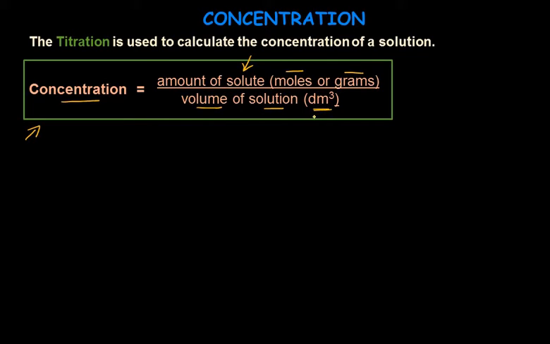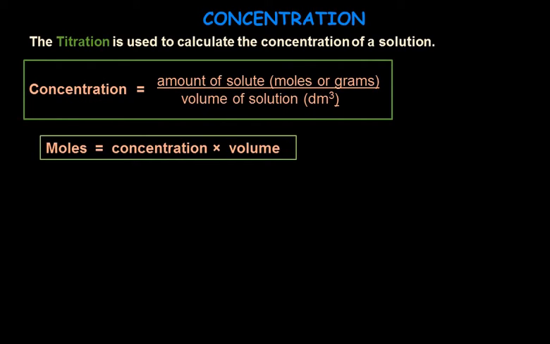If we don't have the volume in dm cube, suppose we have it in centimeter cube, we need to convert it into dm cube by dividing the volume by 1000. But suppose we know the concentration and we want to calculate the moles, then the same formula can be rearranged to calculate the moles. So moles is equal to concentration multiplied by volume, and volume should again be in the unit of dm cube.